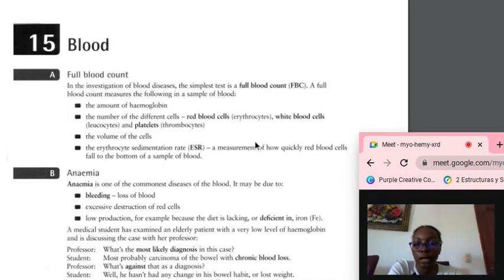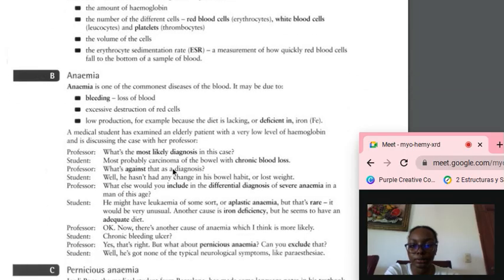A full blood count measures the following in a sample of blood: the amount of hemoglobin, the number of different cells (red blood cells, erythrocytes; white blood cells, leukocytes; and platelets, thrombocytes), the volume of the cells, and the erythrocyte sedimentation rate, a measurement of how quickly red blood cells fall to the bottom of a sample of blood.